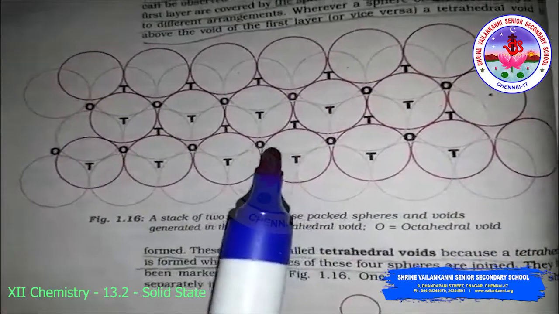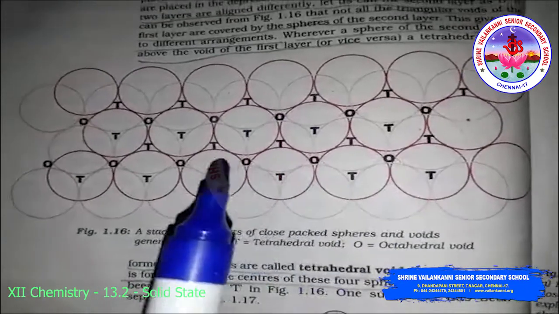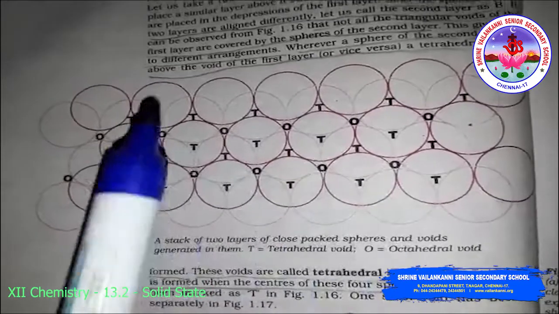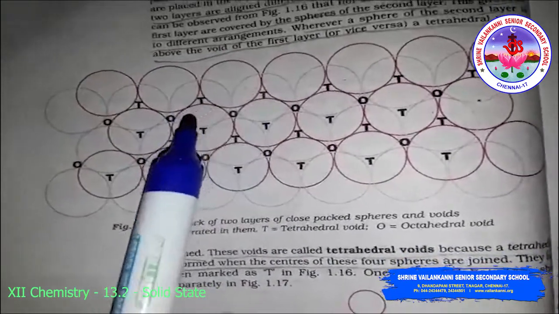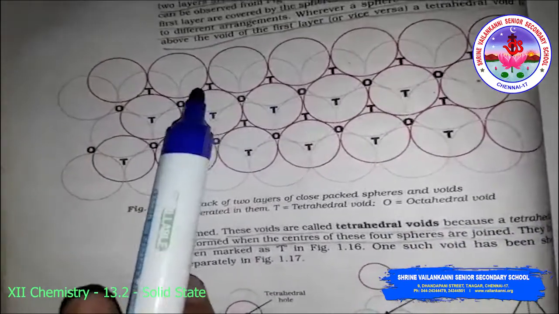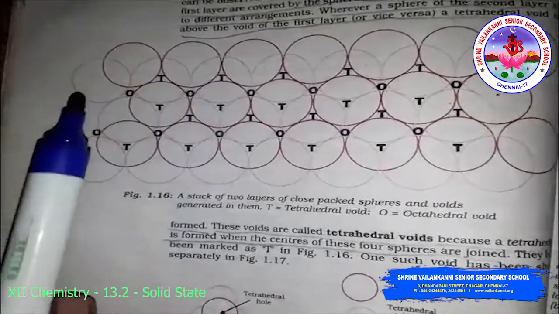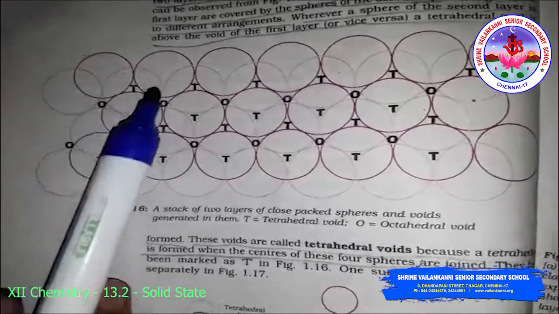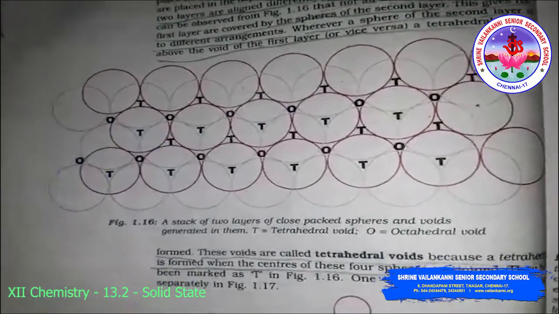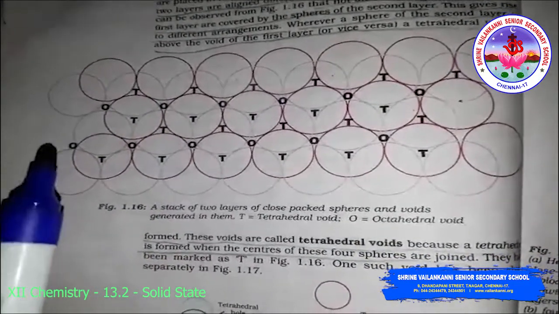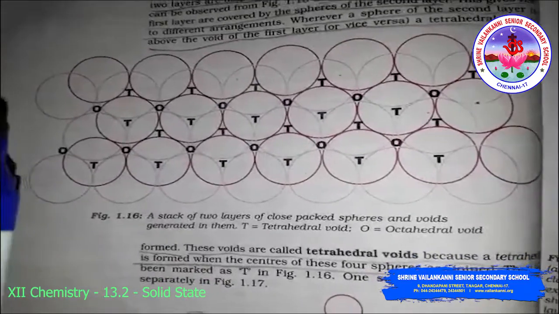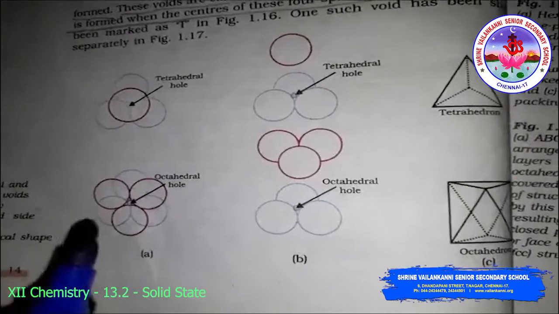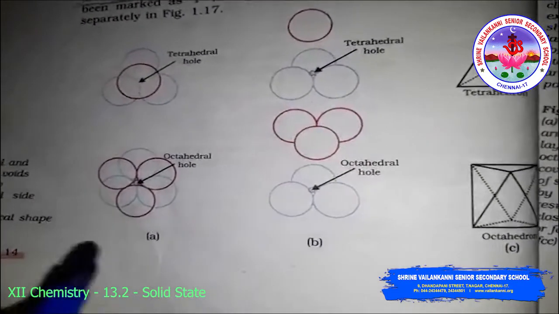Whenever a sphere of the second layer is above a void of the first layer, a tetrahedral void is formed. Look, this is the tetrahedral void, indicated by T. These voids are called tetrahedral voids, and they are formed when the centers of the four spheres are joined.